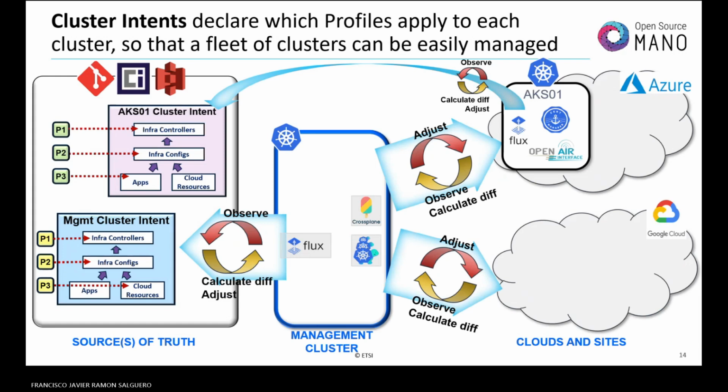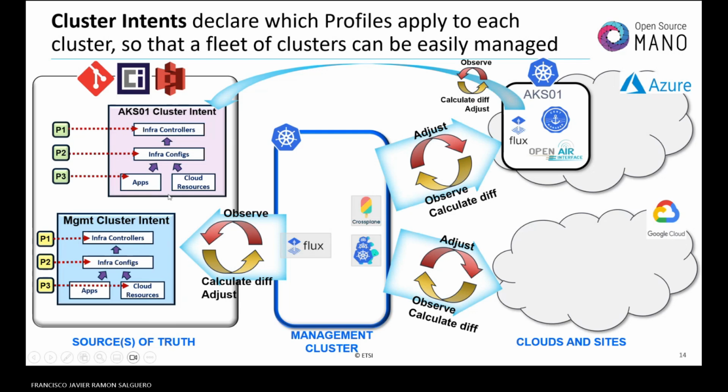So far, so good. This leads us to a very complex structure, because in the end, I can manage from very few application definitions and very few profiles, I can automatically scale to thousands of endpoints if I want to, right? I just need to define some cluster intents that represent the remote clouds.